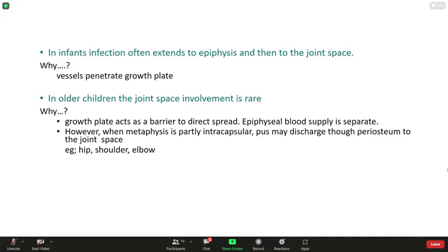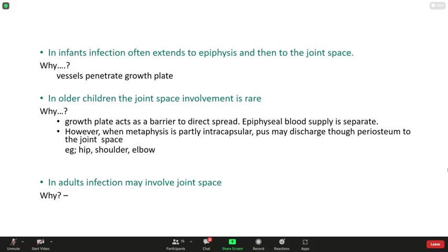But there's a possibility of joint space involvement, because if you remember the anatomy of some joints like the hip, shoulder, and elbow, the joint capsule partly surrounds the metaphysis. So the joint capsule extends up to the metaphysis, and in those cases the metaphyseal infection can directly enter the joint space. So it is not always true, because older children can get joint space involvement, especially in the hip, shoulder, and elbow.